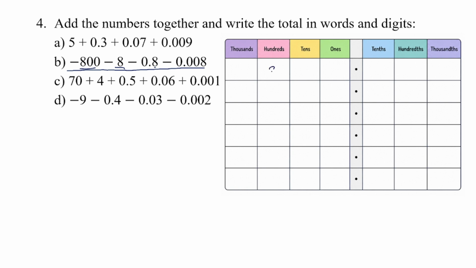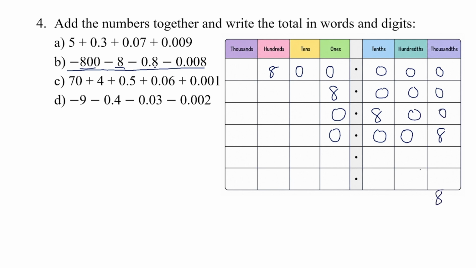So we're going to have our 800 and 0.00, then we have 8.000, and then we have 0.8, and then we have 0.008 like this. Then we add this. So thousands, 0 plus 0 plus 8 is 8. Then hundreds, we have a 0 there.